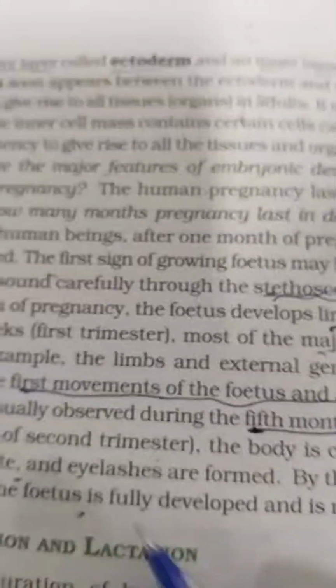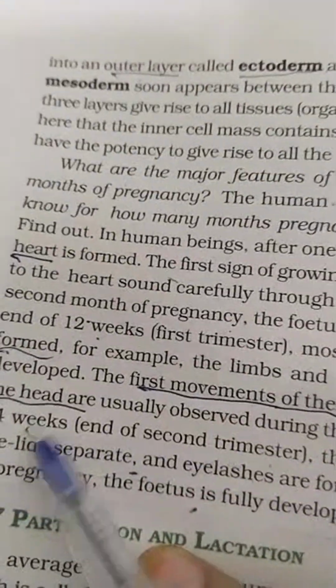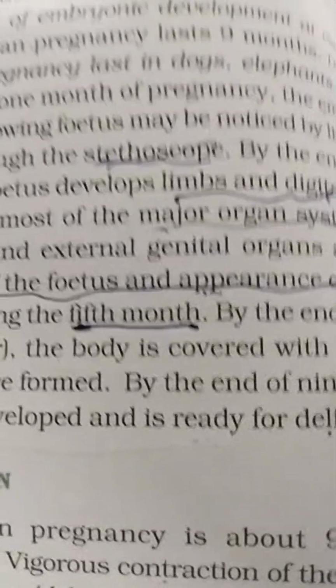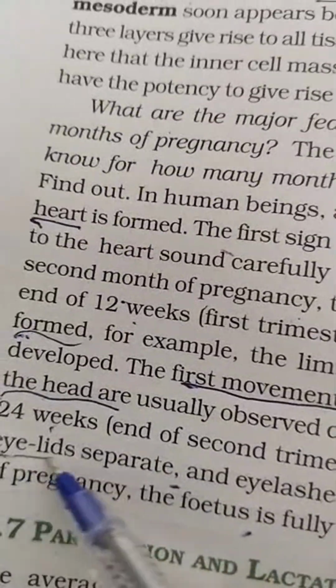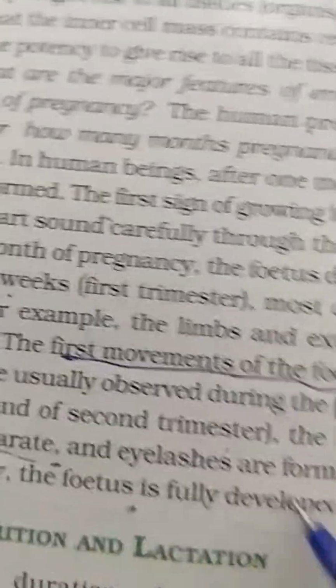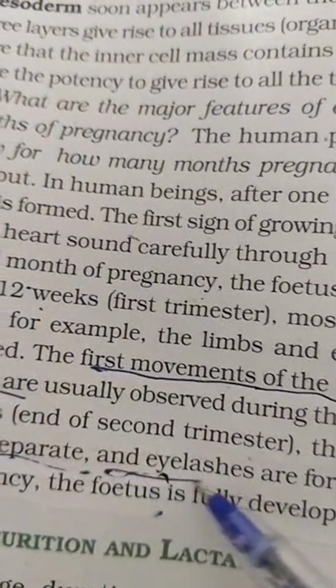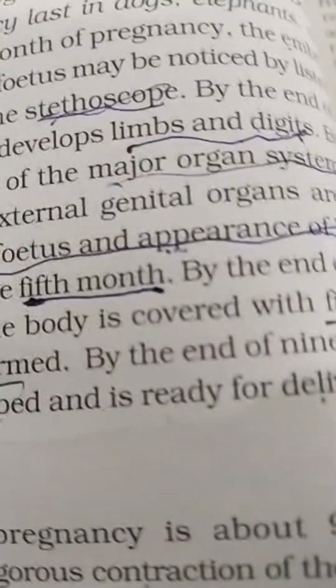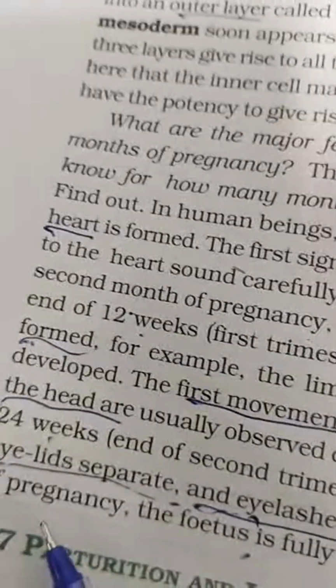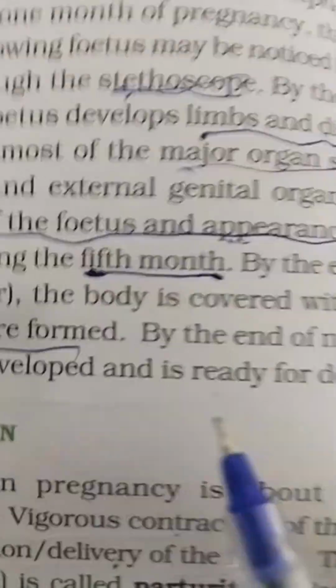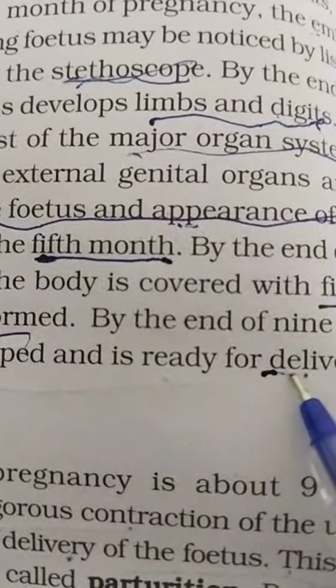Okay, by the end of about the 24th week, the end of the second trimester, the body is covered with fine hair, eyelids have been separated, and eyelashes are formed. By the end of 9 months of pregnancy, the fetus is fully developed and is ready for delivery.